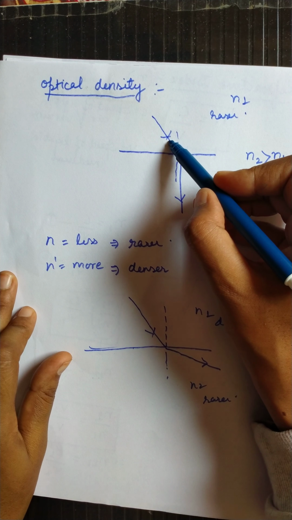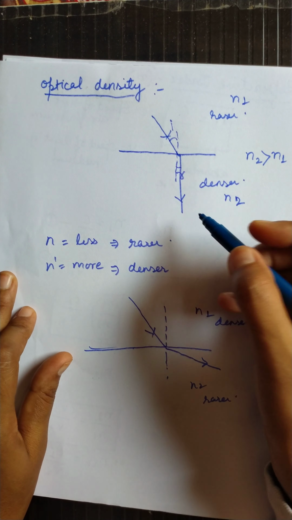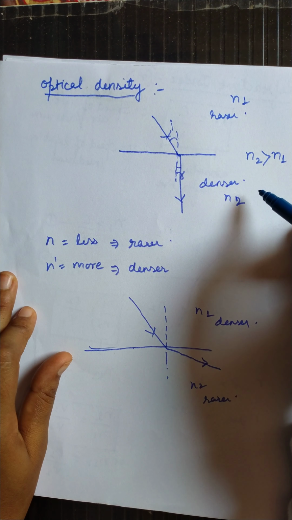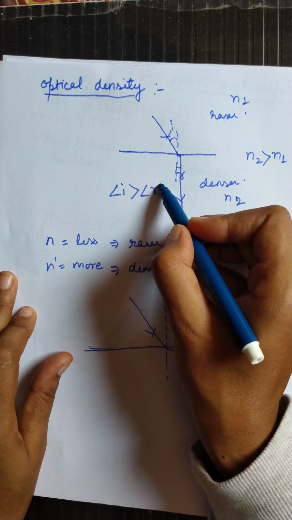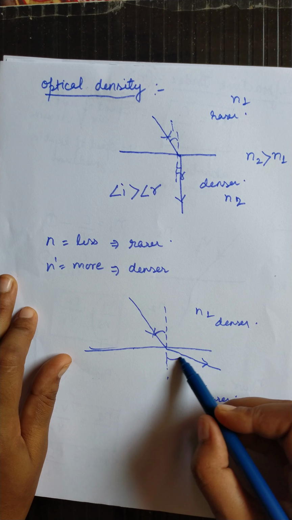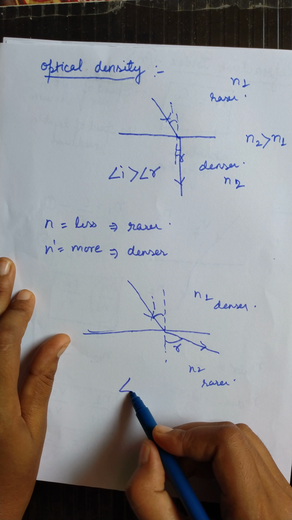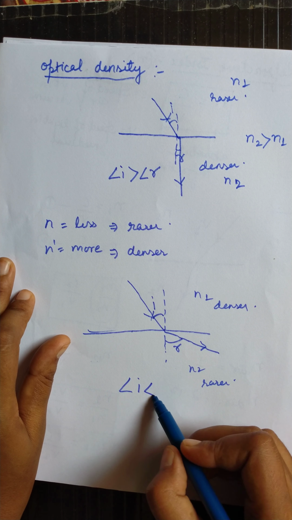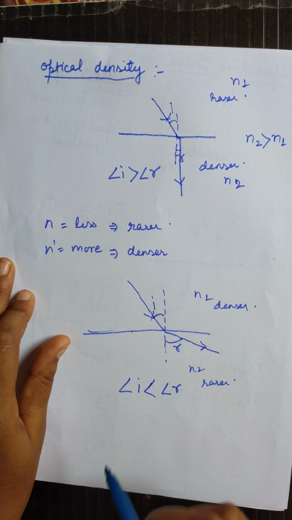Here you can see the angle of incidence i and the angle of refraction r. When a light ray moves from rarer to denser medium, the angle of incidence will be greater than the angle of refraction. When it moves from denser to rarer medium, the angle of incidence will be less than the angle of refraction.